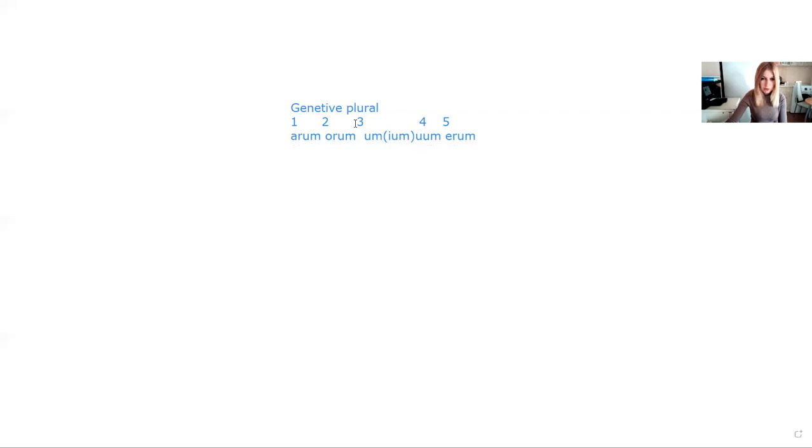Maybe the question arises: when do we have to use ending -um and when do we have to use ending -ium for third declension? Let's discuss all cases in third declension.